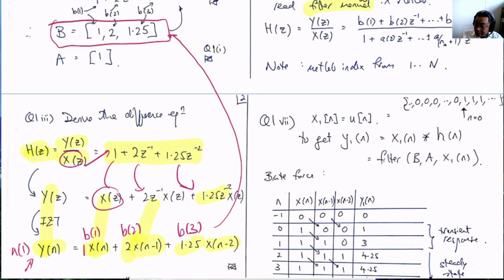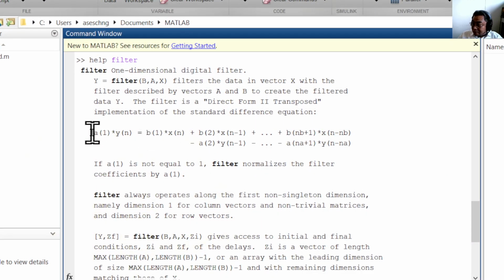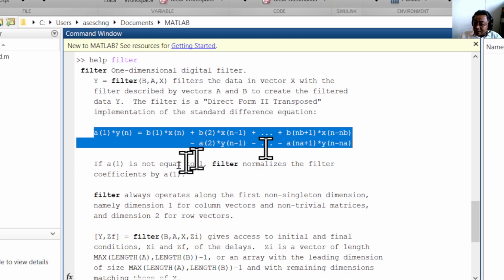And what about the A? Well, we have A1 over here, and there's only A1 because there is actually no other feedback. So the A coefficients has only 1. So now let's again look at MATLAB's difference equation. This is MATLAB's difference equation, and the equations of B's and A's are from this expression here. Thank you.